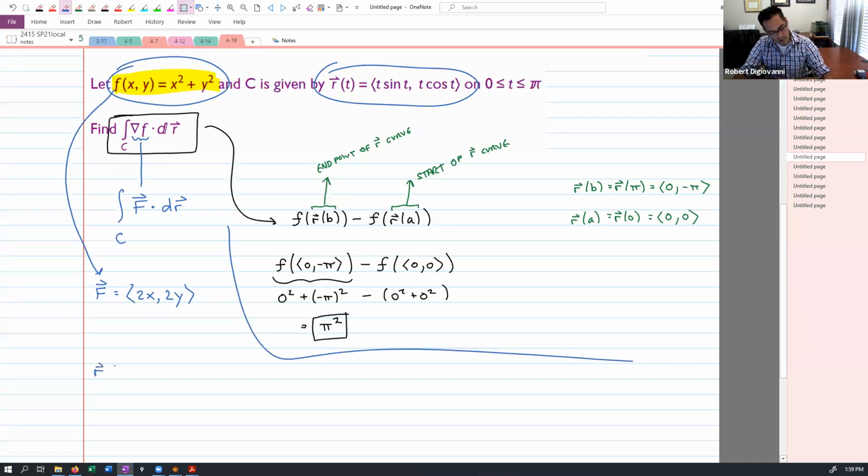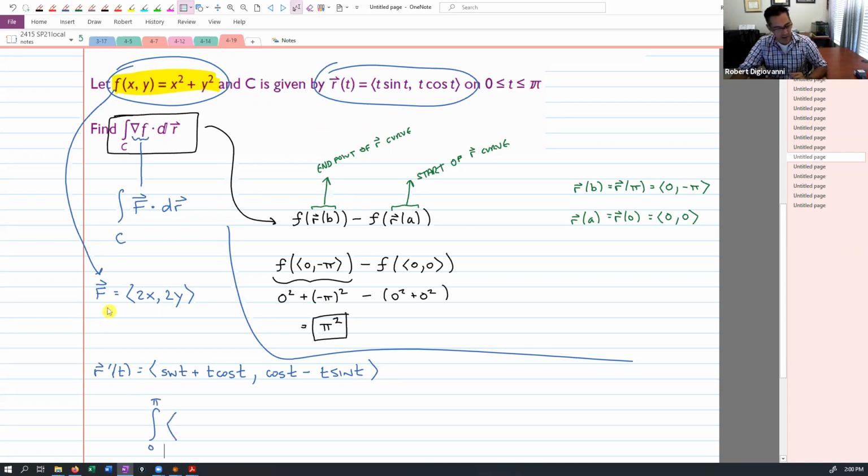So you would have r prime of t equals the derivative, some product rules in here. So sine t plus t cosine t, and then the other one would be cosine t minus t sine t. That's your derivative. And now what you'd have to do is the integral from 0 to pi.